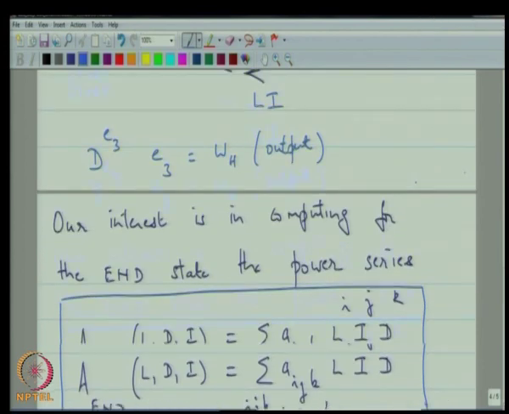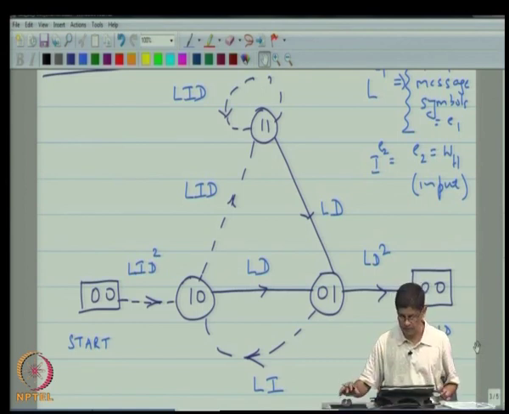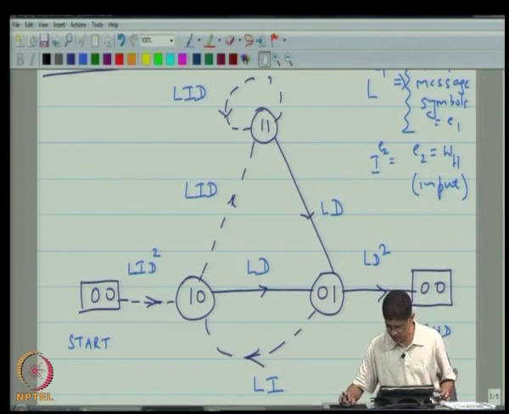Our ultimate aim is to compute the generating function associated with this end node, but what we can do is write down expressions that relate the generating functions at each of the intermediate nodes, and from that we can compute this. The methodology is very similar to solving systems of linear equations, and I think once I write this down, you will have a better understanding. So let us do that.